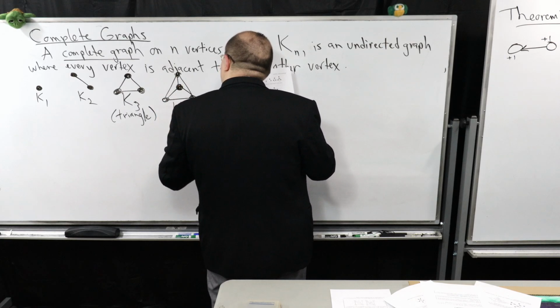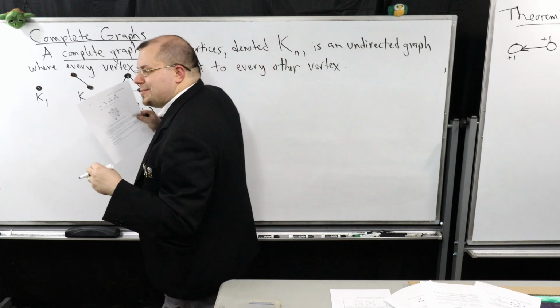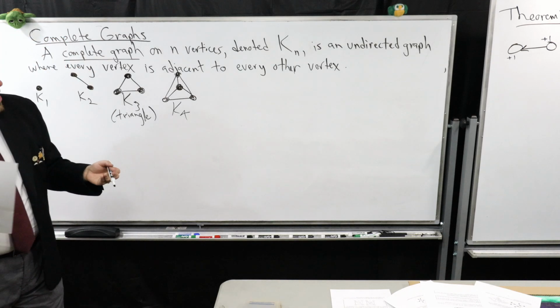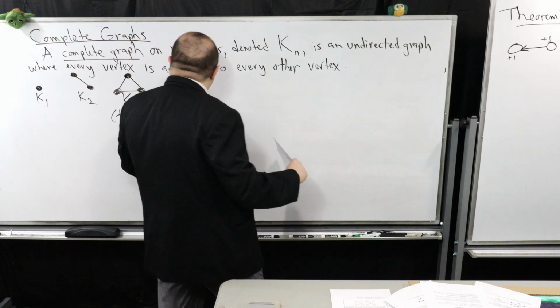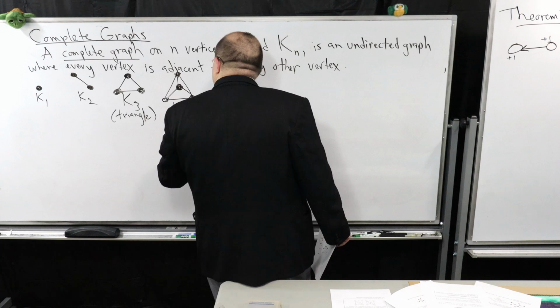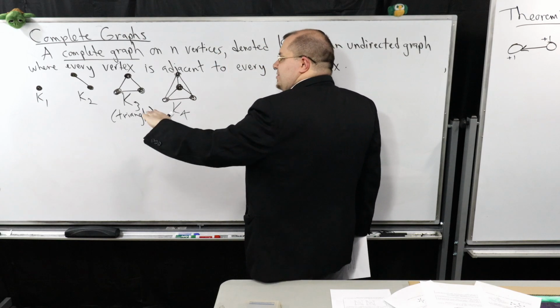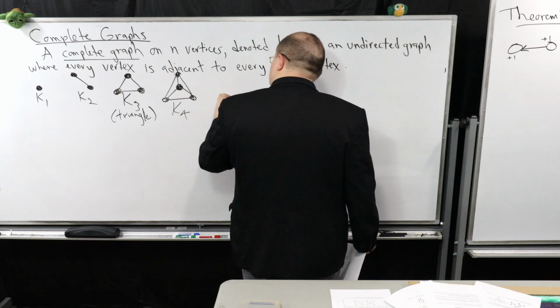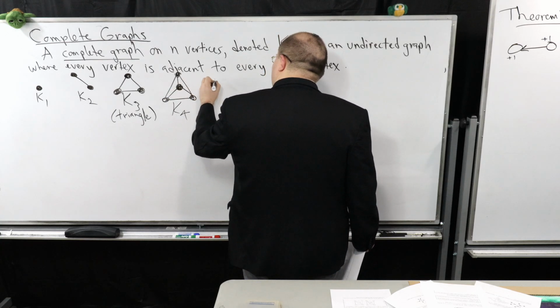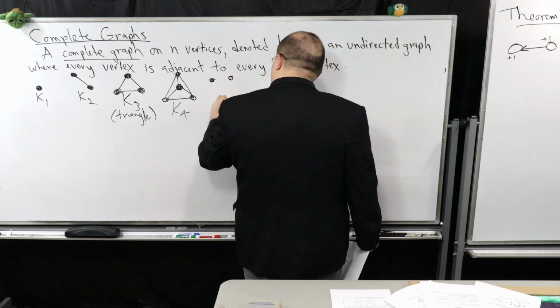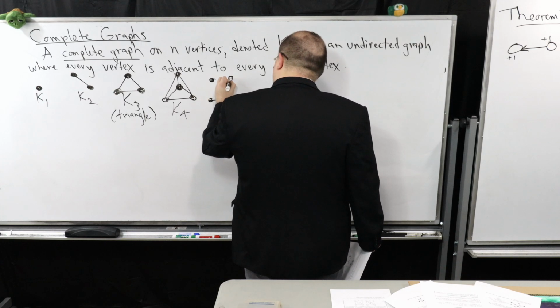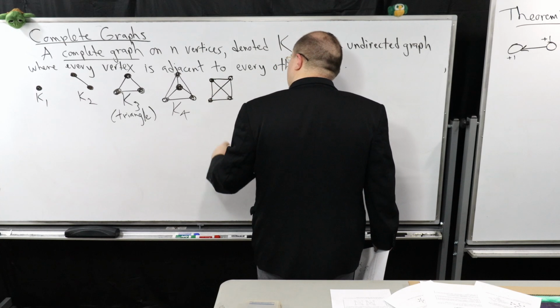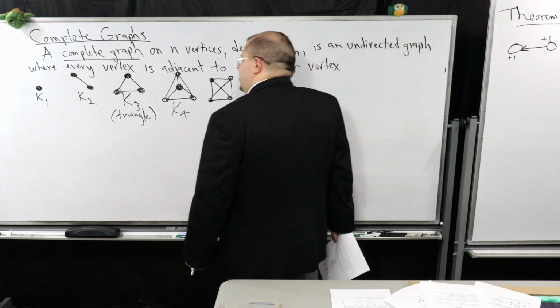This is K4. Remember, the way I draw these graphs doesn't matter too much, unless we need it specifically, like when we're embedding a graph onto a flat surface for visualization. For example, this same graph I can also draw like this. That's another way I can draw it.